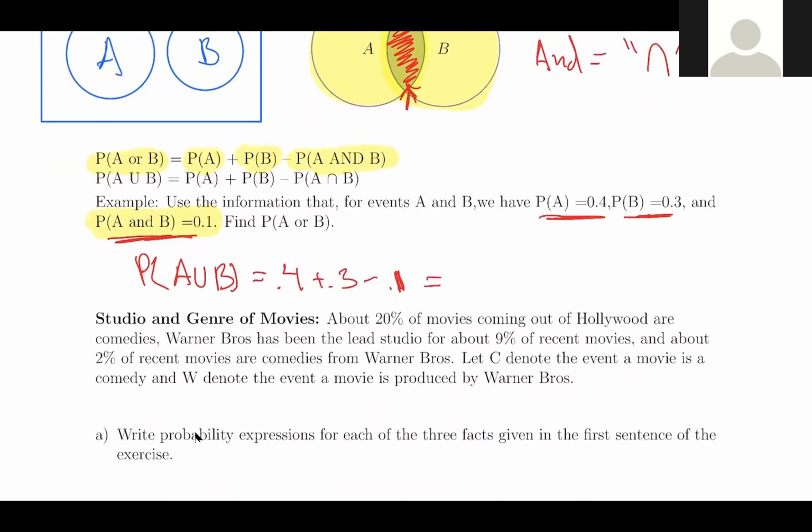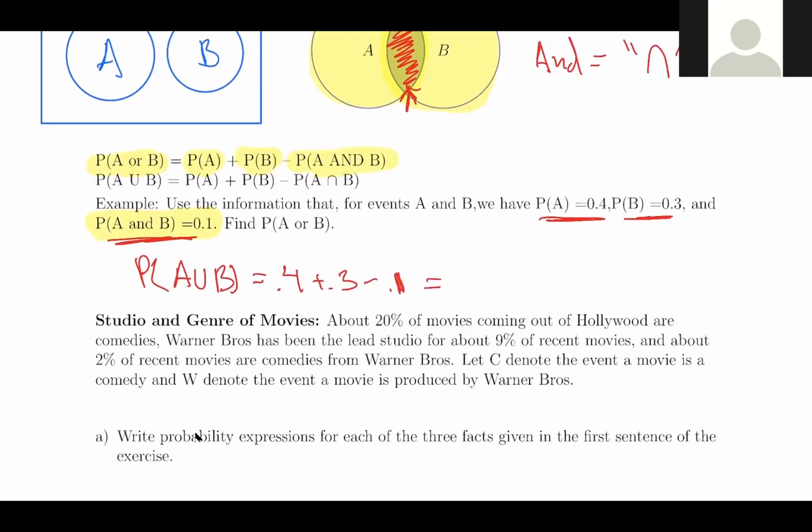If you do 0.4 plus 0.3, that gives us 0.7. And then if you do 0.7 minus 0.1, you get 0.6, or 60%. And that's it for that problem. Any questions for the problem?